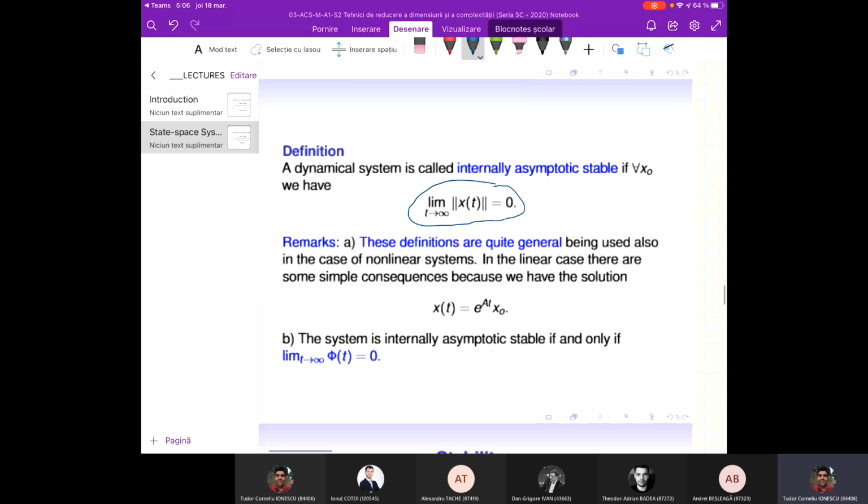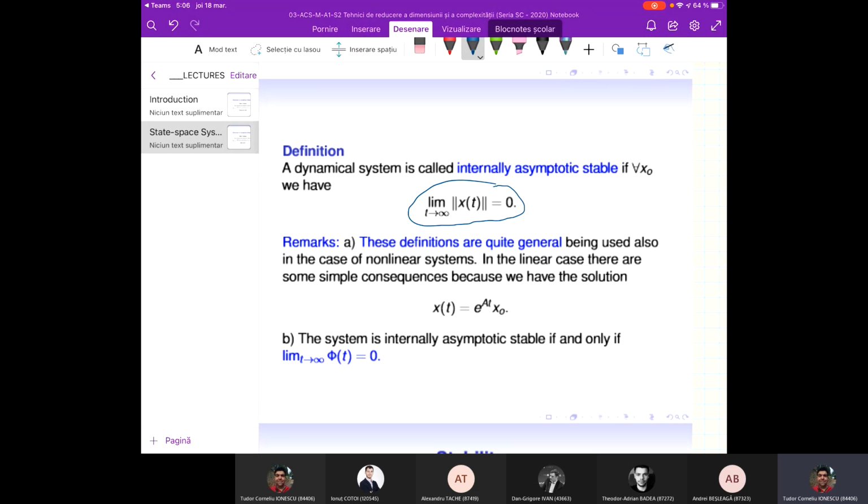But for the time being, for this class of dynamical linear systems, it's enough to understand that asymptotic stability only means that the state vector, the free evolution of the state, is going to zero asymptotically as time flows to infinity.